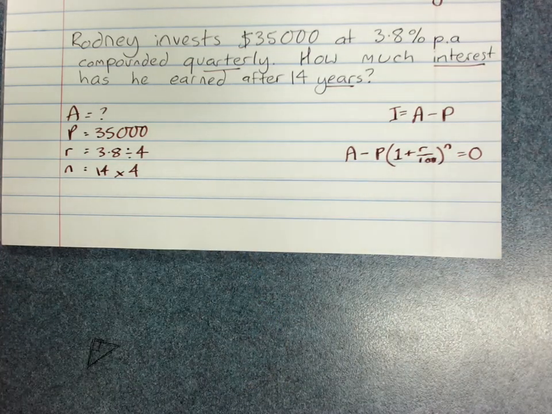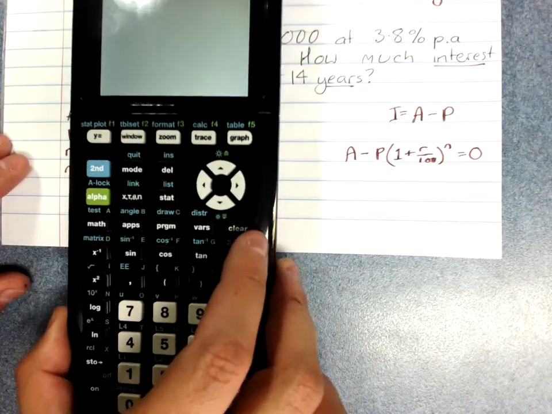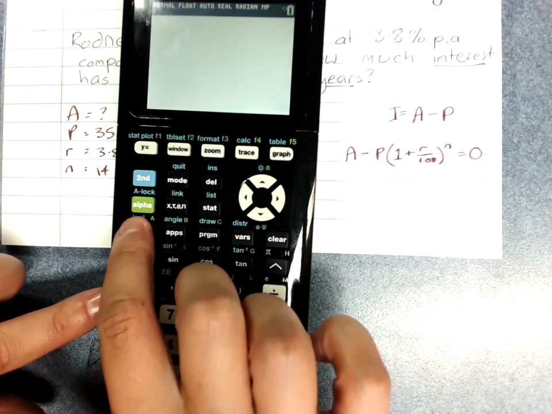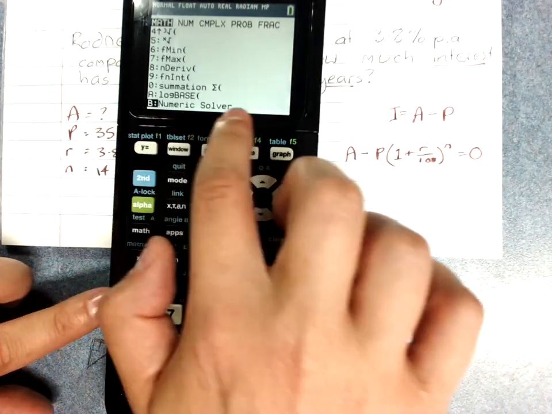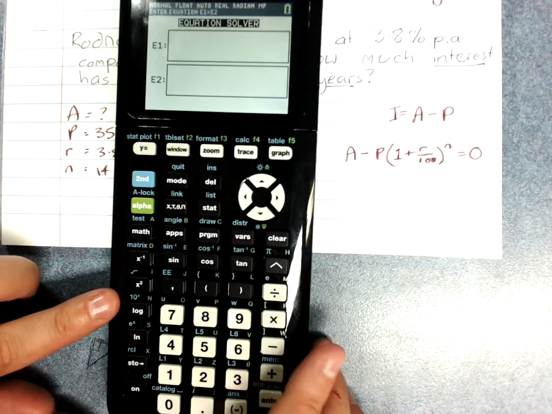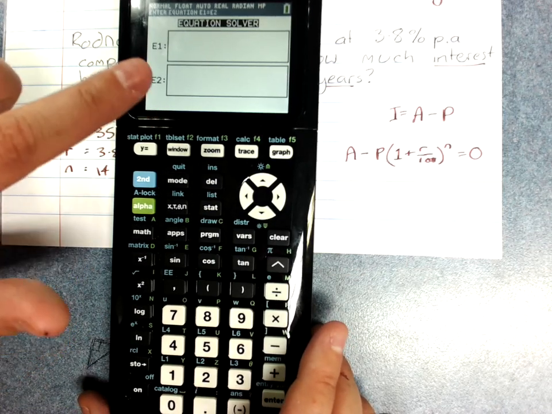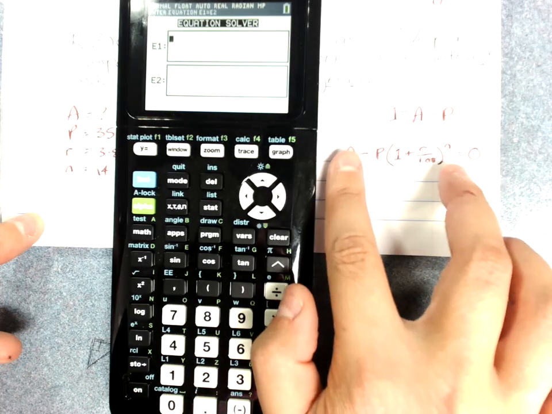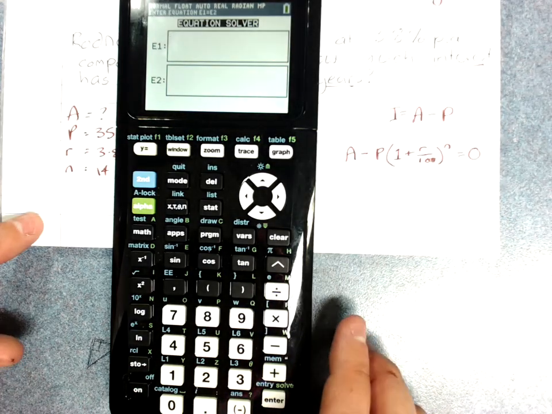So on your graphics calculators, we go to Math, use the up button to get to the solver. Now for this version we put 0 in one box and the other half of the equation in the other one. On the old ones we'd just type in this half of the equation.